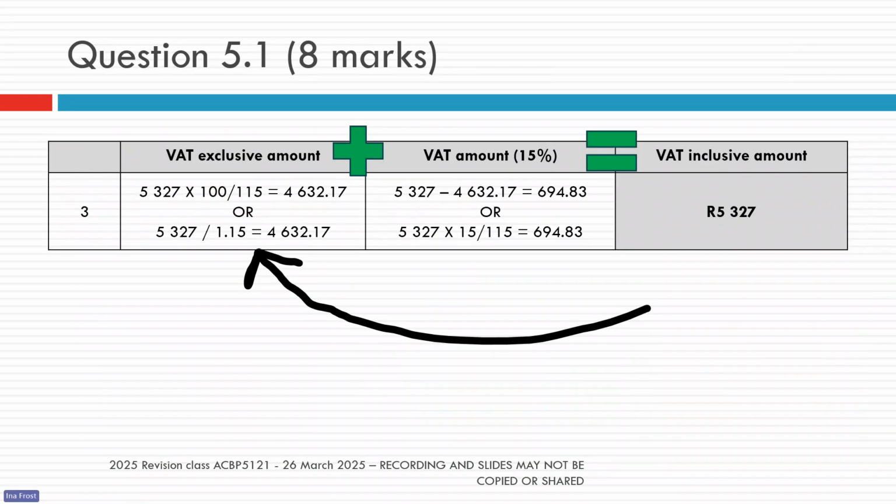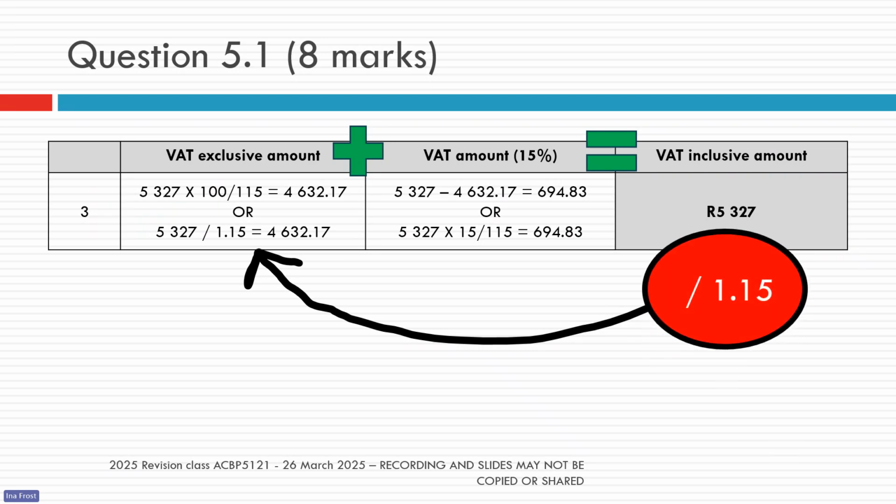Then I'm first going to jump to number 3 for the moment. So there we go. In number 3, we gave the student the VAT inclusive amount, and they had to work backwards. So here they had to find the VAT exclusive amount, and also the VAT amount.